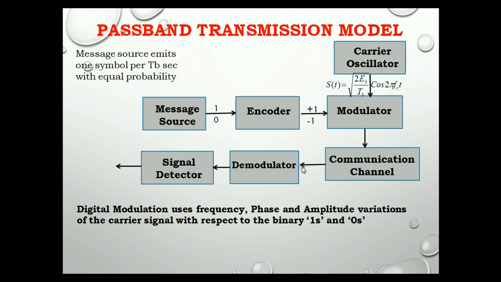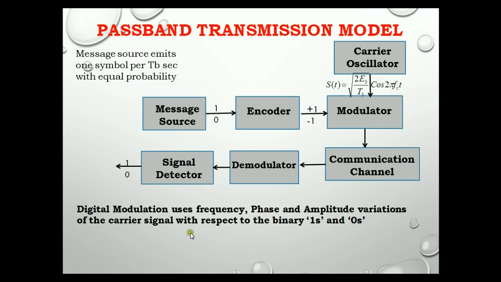At the receiver, the demodulator converts the modulated signal into a line coded output, and that in turn is applied to the signal detector in order to generate the binary 0 and 1 that we transmitted.